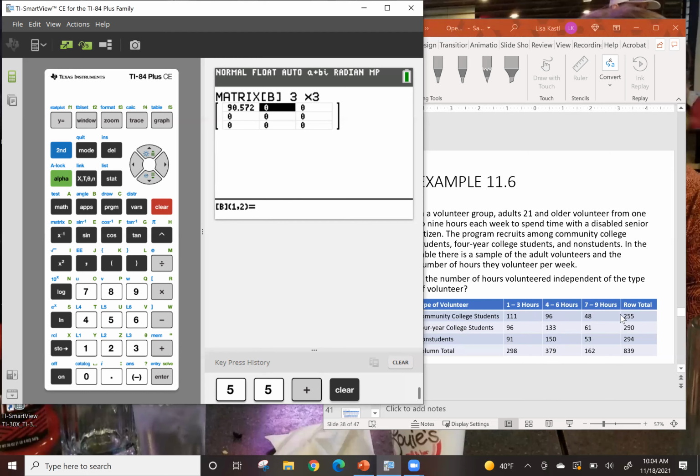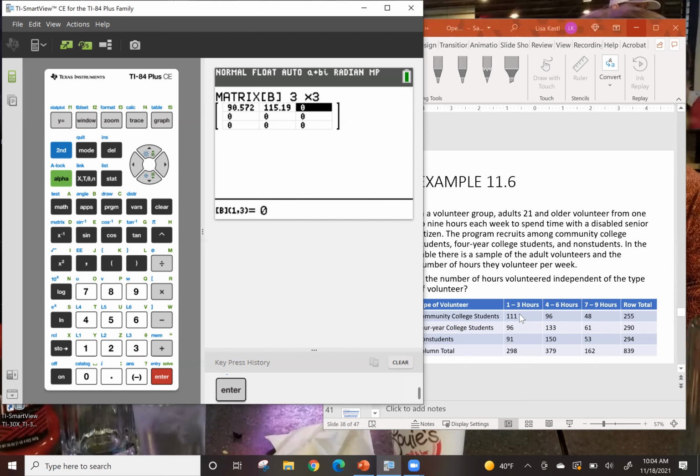So 255 times 379 divided by 839. So we get 115.19. And we just continue in the same manner.